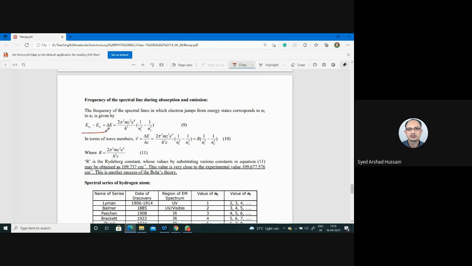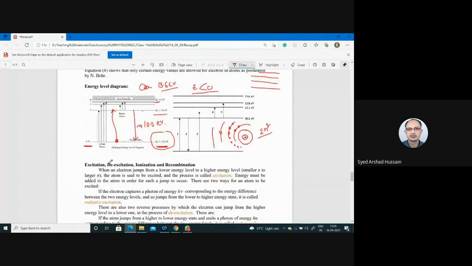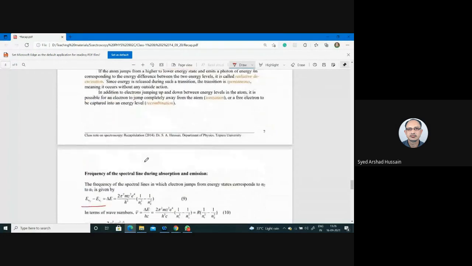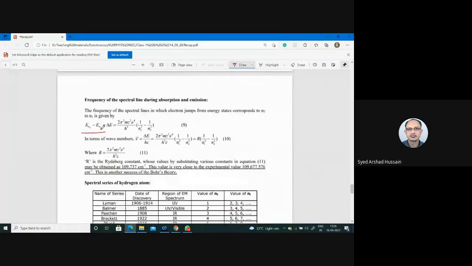Let us consider an electron excited from the n equal to 1 state to the n equal to 2 state. We already know the energy of the electron in different states. Say the energy of the electron in n equal to 1 is E_n1 and this is E_n2. Then the difference of these two energies is the amount of energy you have to give to excite from n1 to n2.